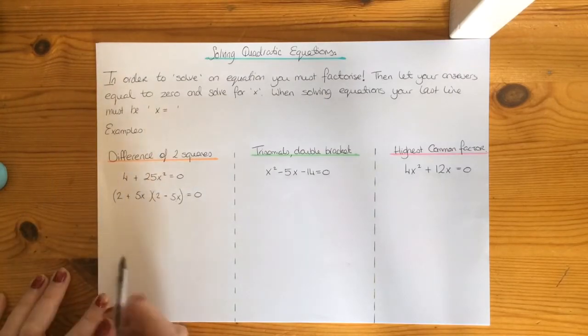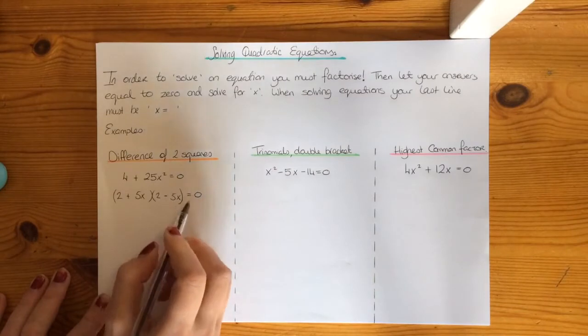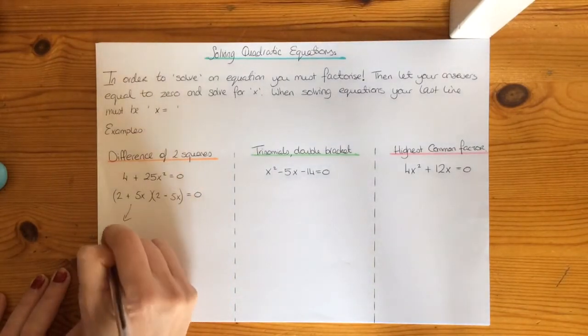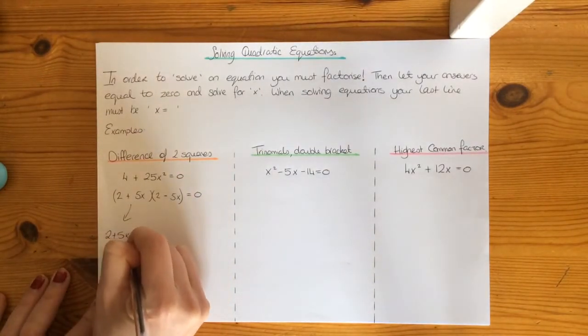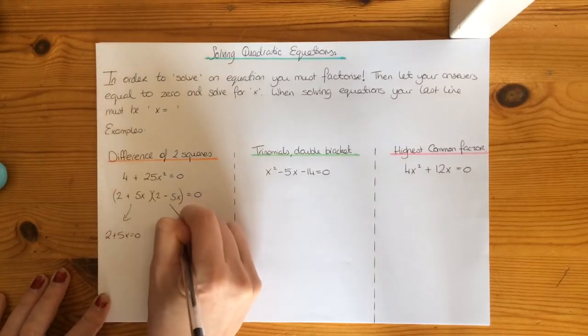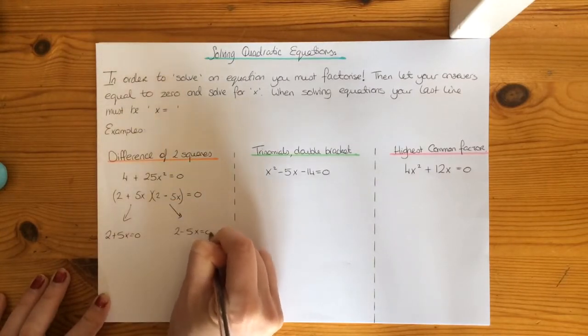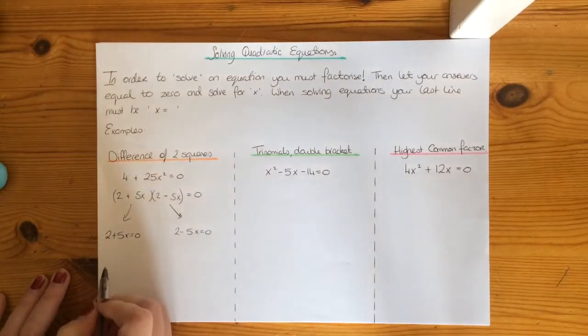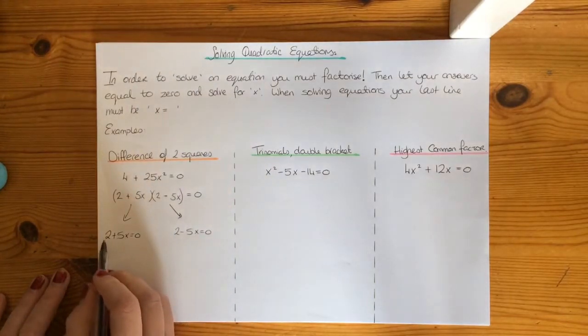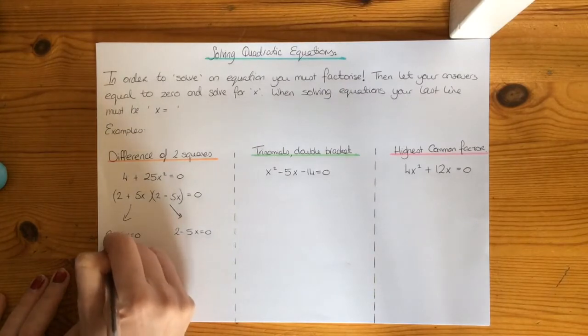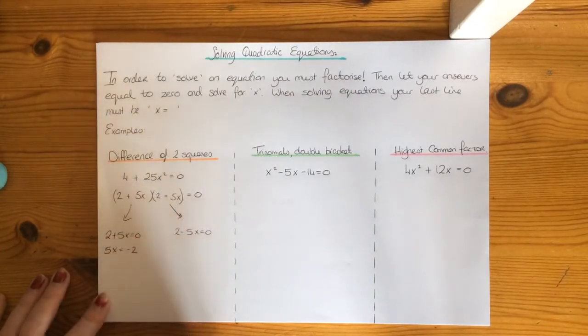Now, equals 0. So what you do now is you take each bracket and you say 2 plus 5x equals 0, or 2 minus 5x equals 0. So then get the x by itself. So you're going to bring the 2 over. So 5x equals minus 2.